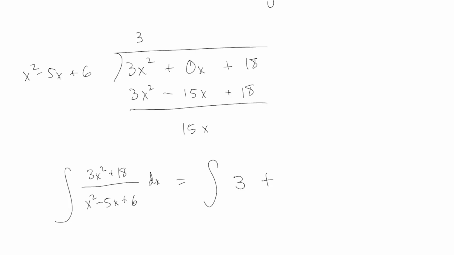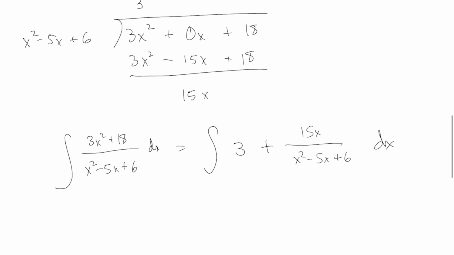The remainder part is 15x over what I'm dividing by: 15x divided by x squared minus 5x plus 6. That's the purpose of the long division, to do this little simplification. I don't know if it looks much simpler, but it is better this way, because we are now going to do the partial fractions. Maybe I'll remind us where these came from. This is the quotient, and this whole thing here is the remainder part.